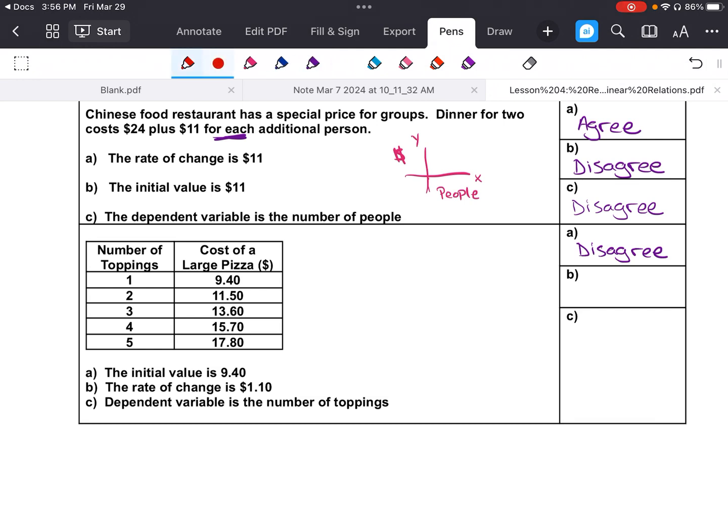So again, for the rate of change, we're going to find the first differences, and each of these are going up by, sorry, $2.10. So that is false. The rate of change is 210.